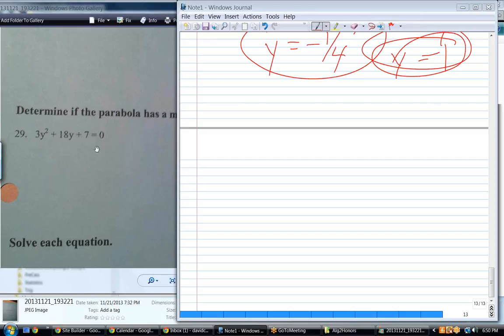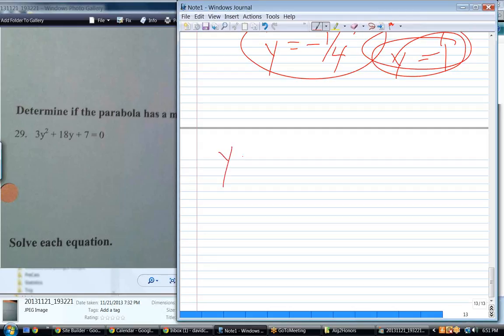That's what I would do. Because I could use minus b over 2a, which gives you the x-coordinate of the vertex immediately. But then you have to take that answer and plug it in to find out what the y value is. So to me, it's easier to complete the square.